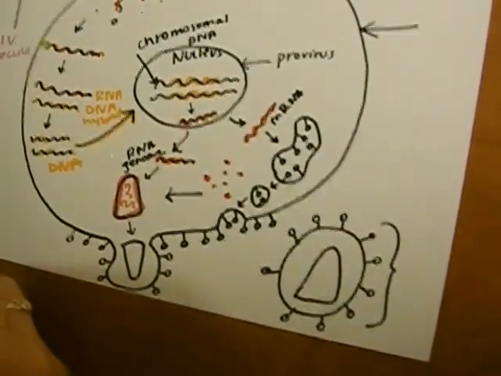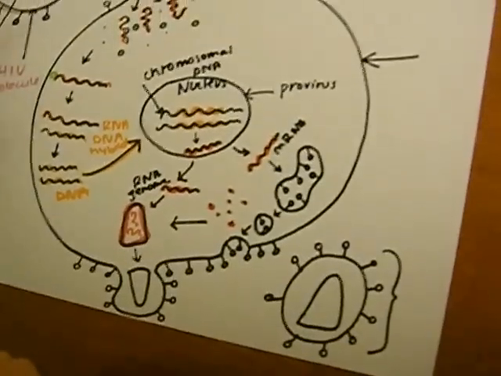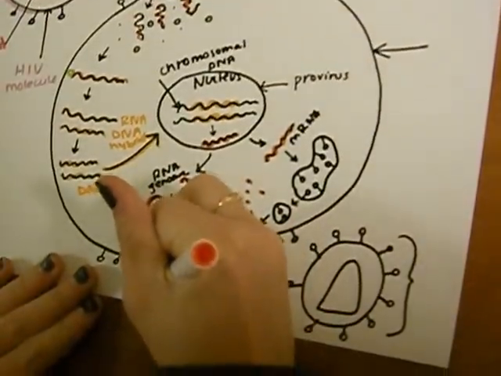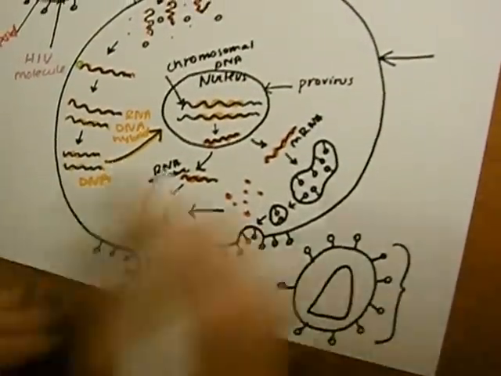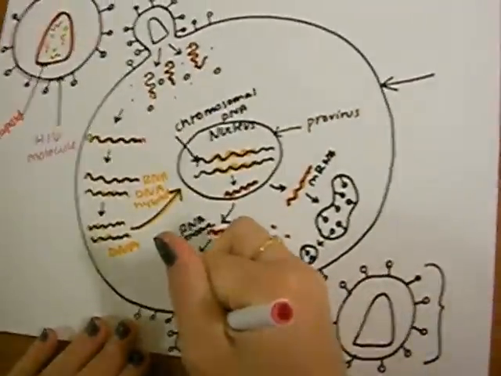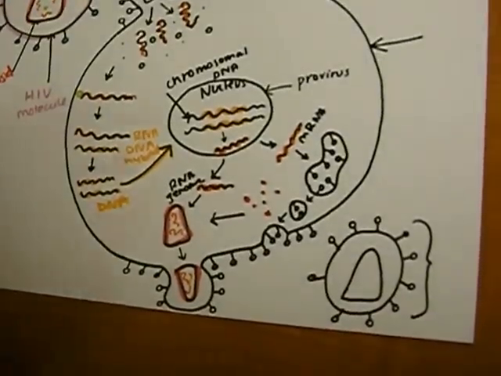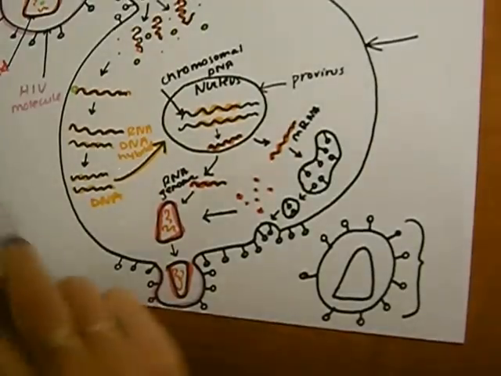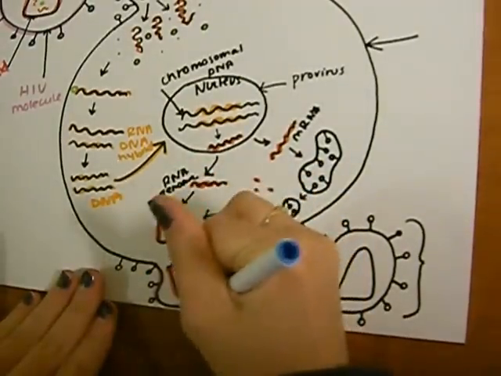And then from there, we have it move towards the cell wall, and again, we have the DNA inside with our capsid. And then our viral envelope starts to form, right along with our glycoproteins.